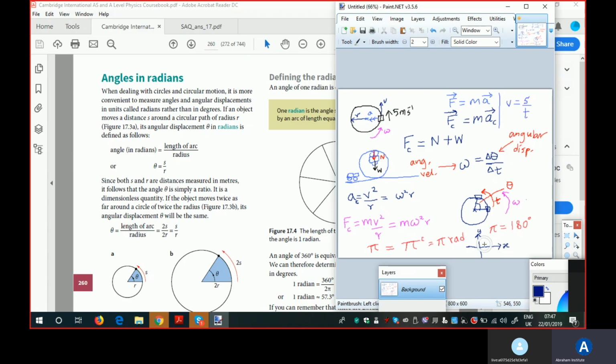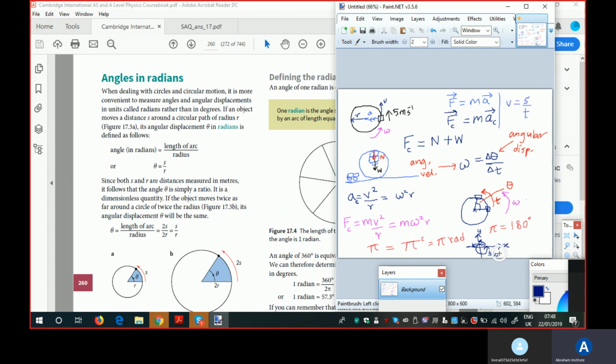Let's say the angle from here to here is 90 degrees. Then from here to here, the angle is 180 degrees. And if you go all the way around, from there to there, that is 360 degrees.